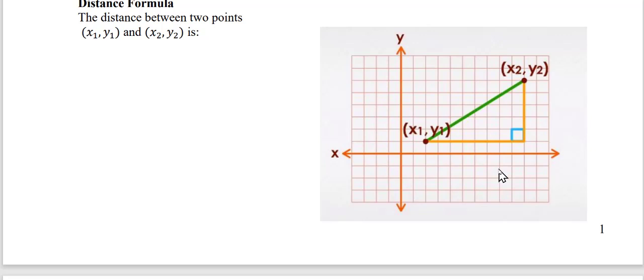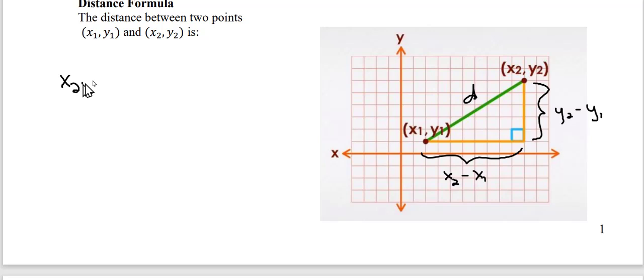The distance between 2 points, x1, y1, and x2, y2, can be found using basically the Pythagorean theorem, right? If we're looking for d here, this distance, whatever it is, that's the change in x. So it's x2 minus x1. This distance is y2 minus y1. That's the change in the y's.